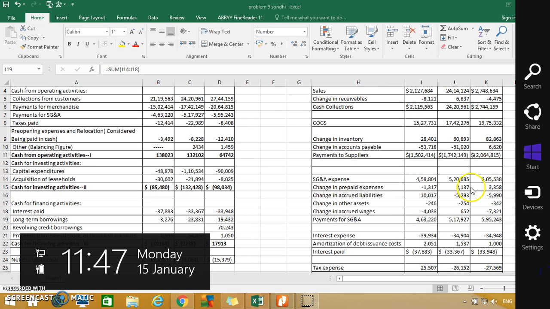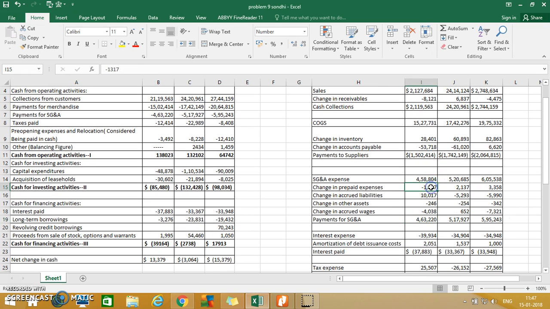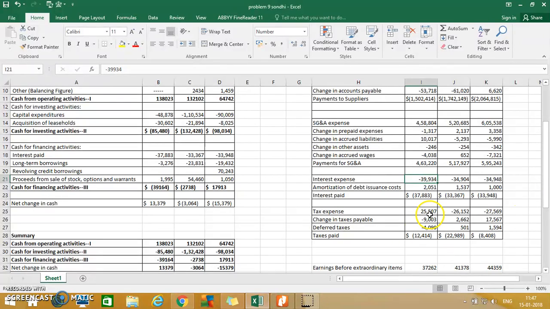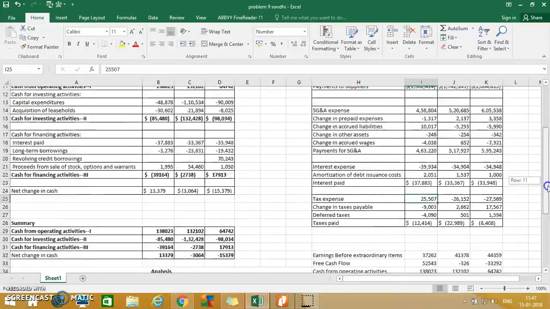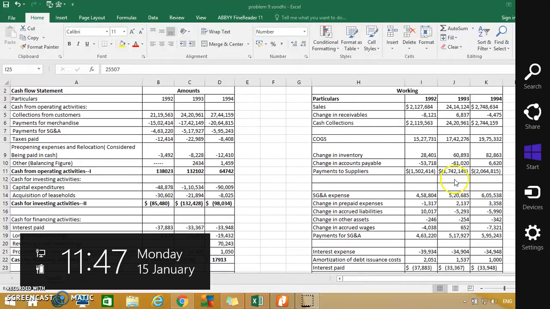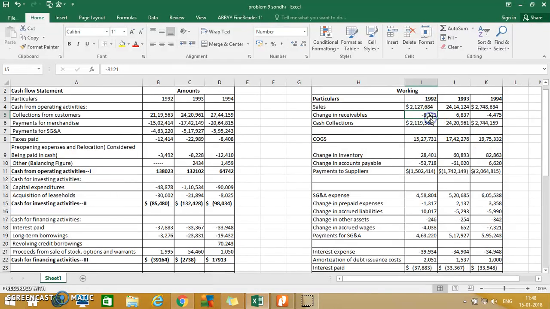The basic logic I have applied is that whatever the sign of the change, I have changed the sign and accumulated it. The same applies to interest expenses, the amount of interest I have paid, and the tax expenses. Just change the signs from the indirect method to find the value under the direct method. I have picked up all this information from here.